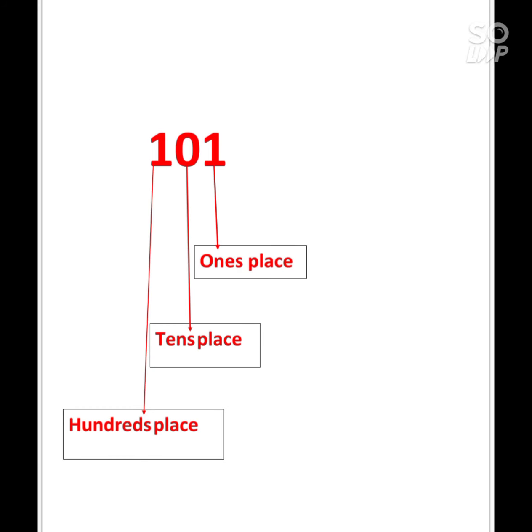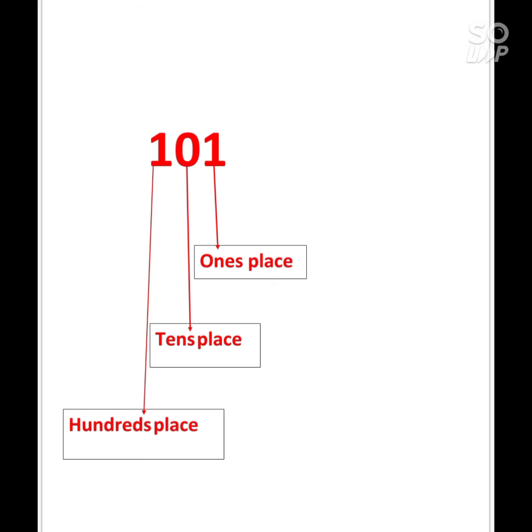The 1 at the left corner is at the unit position, or ones place, and its power will be 0. Similarly for the 0: it is at the tens position, so its power will be 1. Then it is followed by 1. This 1 is at the 100 position, so its power will be 2.